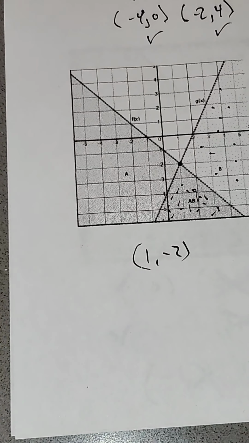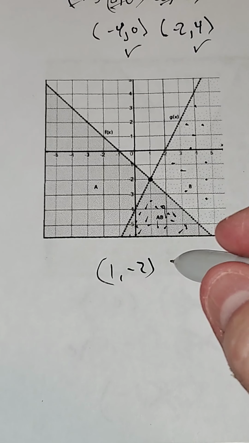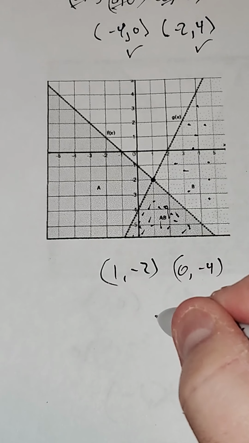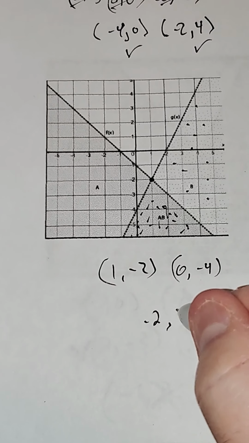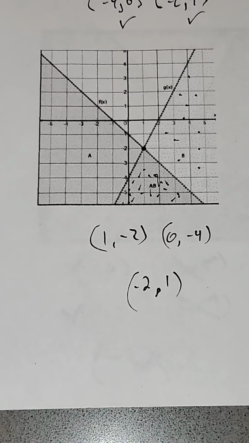Just to let you know, I just noticed it's hard to see that. If you print this sheet, you'll see it better. Anyway, (-1, -2)? How about (0, -4)? And how about (-2, 1)? Stop the video. Go check those 3 points. In about 3 seconds, I am going to show you them.